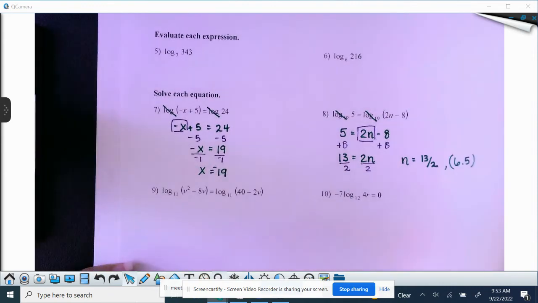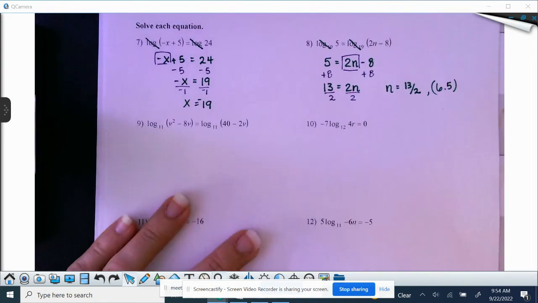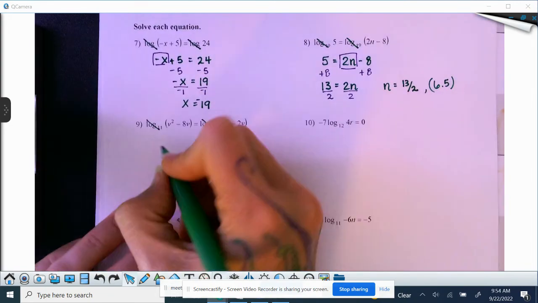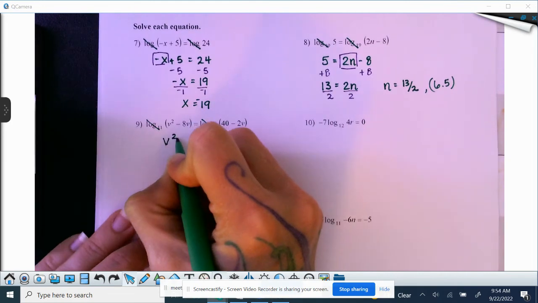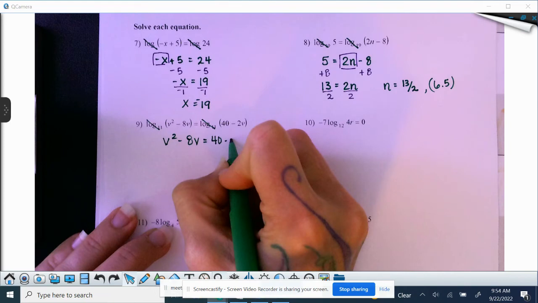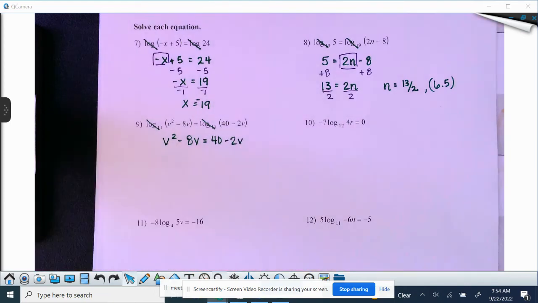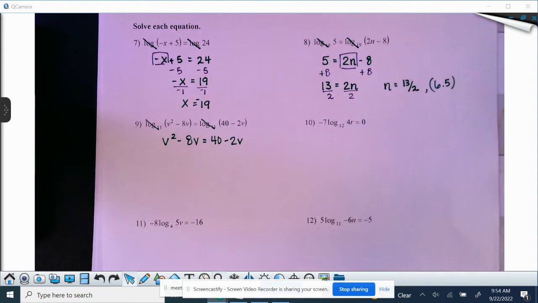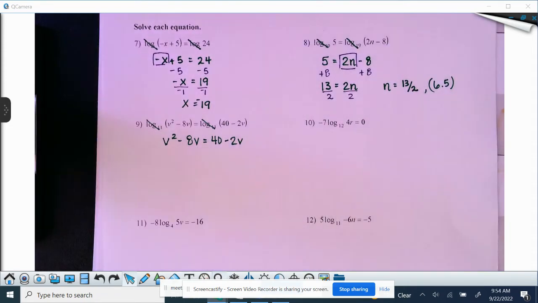Again, like number 9, they're both log 11. Get rid of those. This one is ugly because we see that quadratic, which means we have some real math to do. Not Math 1 level equations necessarily; we are getting into real quadratics here. As soon as you see that v squared, know that you're going to try to get the whole thing set equal to 0, and then you have to factor and solve.